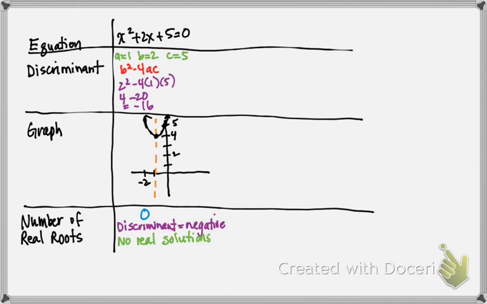Okay, and part of the reason is, if you look at your discriminant, you would have had a negative number under the radical, and that's where we would have no real solutions, because we can't take the square root of a negative yet. Okay, so that's the first one.